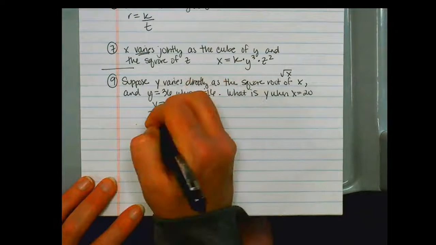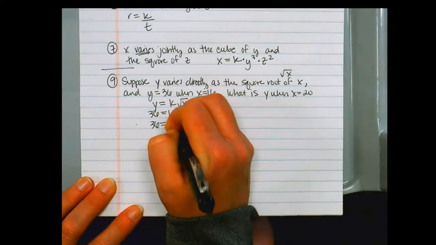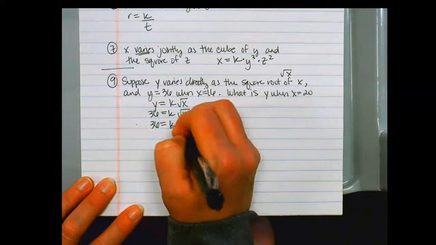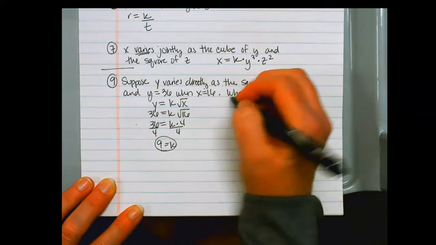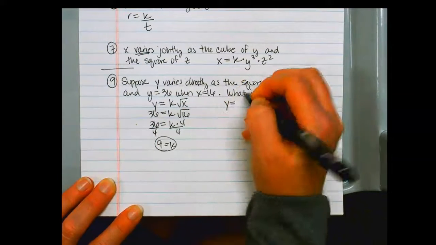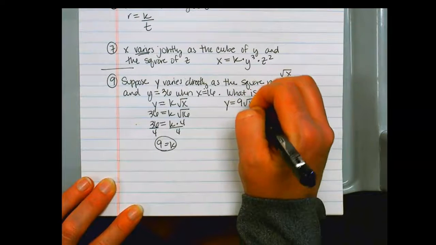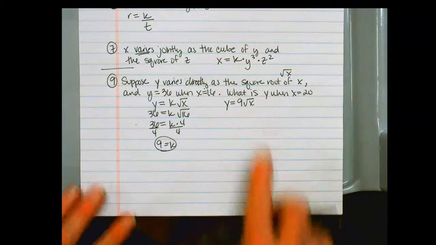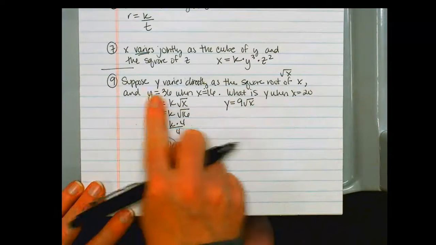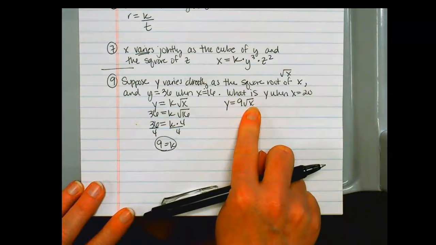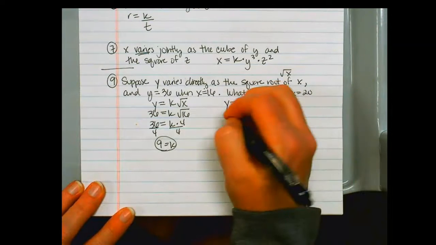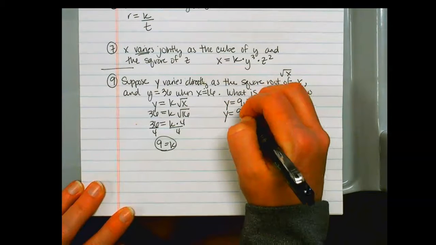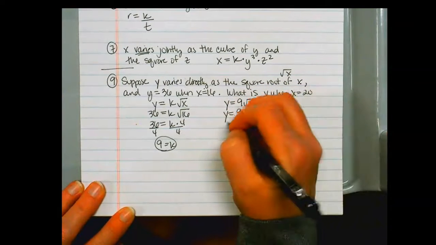So when I solve this, I'm going to say 36 equals k times 4, divide by 4, k equals 9. Now put that back into my equation, y equals 9 times the square root of x, and I have to find the answer to my question. In this scenario, what is y when x equals 20? So I'm going to say y equals 9 times the square root of 20.